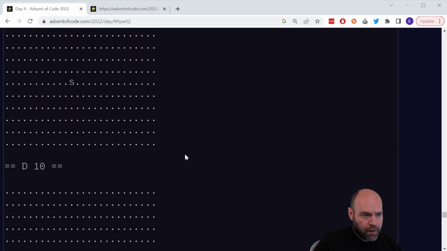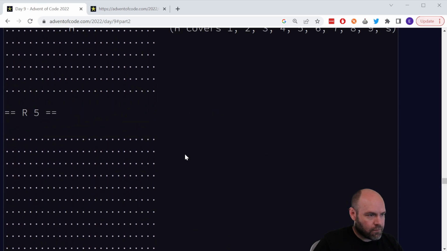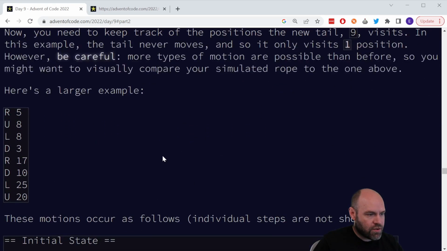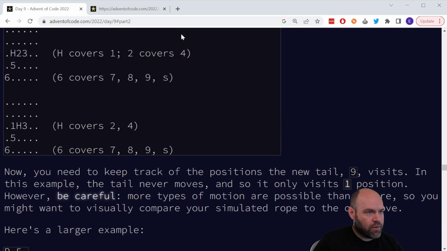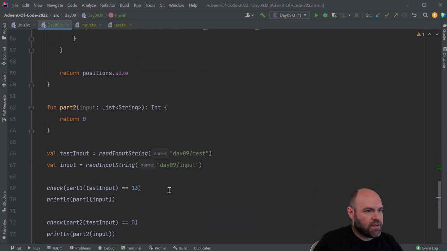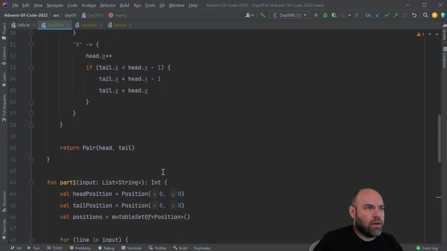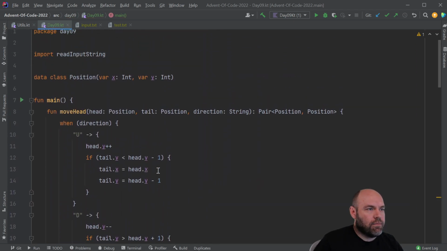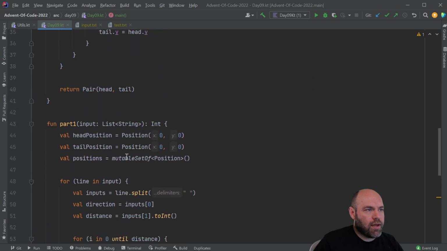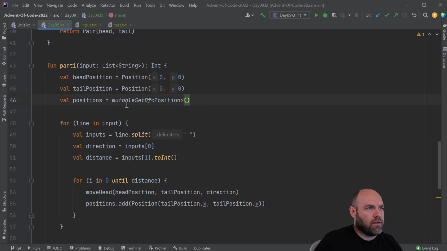Okay. So for the first one, we can use our same input and test data, and we just want to hit one spot. And then what we're going to do is keep an array, I guess, would be the easiest way of doing this.